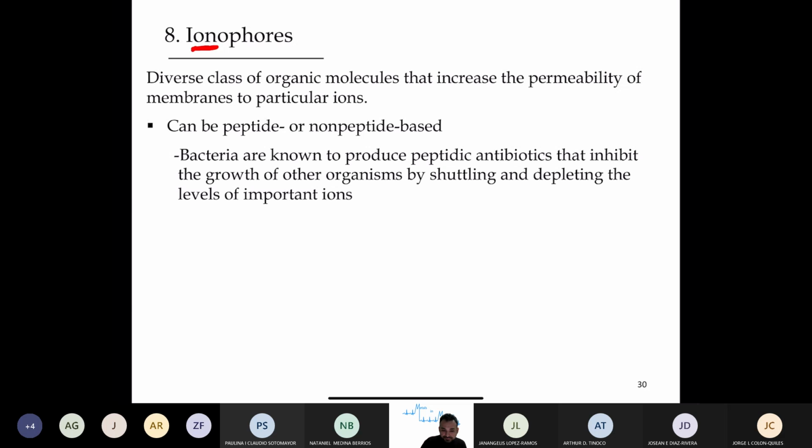In terms of where we could see ionophores, bacteria are known to produce peptidic antibiotics. We have to fine-tune that, but these are peptide-based ionophores, and their function is to inhibit the growth of other organisms, such as other bacteria, by shuttling and depleting the levels of important ions.